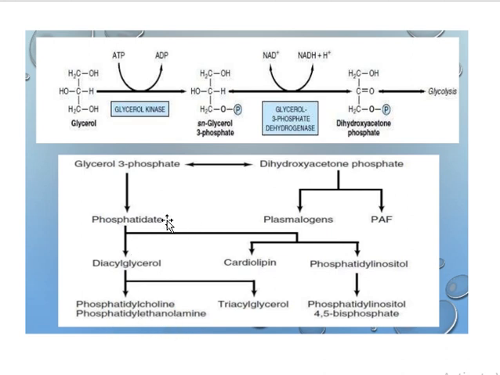From the phosphatidic acid, the other compounds which are synthesized are cardiolipin and phosphatidylinositol, and then this phosphatidylinositol is further phosphorylated into phosphatidylinositol 4,5-bisphosphate. The lipids which are synthesized from dihydroxyacetone phosphate are the plasmalogens and platelet activating factor.